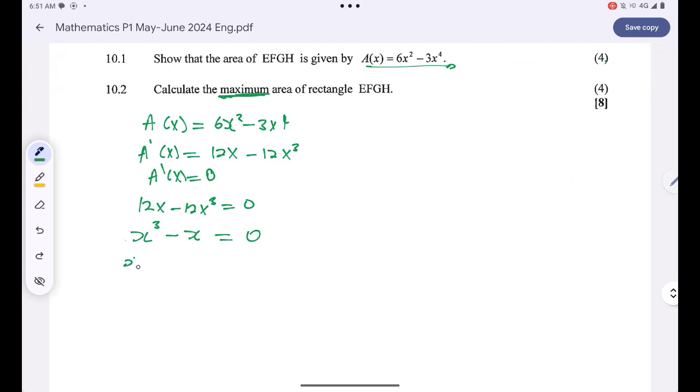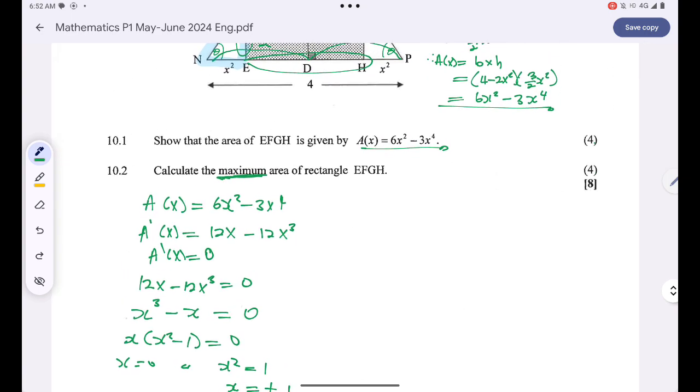Okay, and then there's x over there. You can take out a common factor to factorize. X will be left with x squared minus 1. Then we have x is equal to 0, or x squared is equal to 1. Then x is just plus or minus 1. Therefore, the value of x will be equal to 1. Why is x equal to 1? Because we are talking about the length over here.